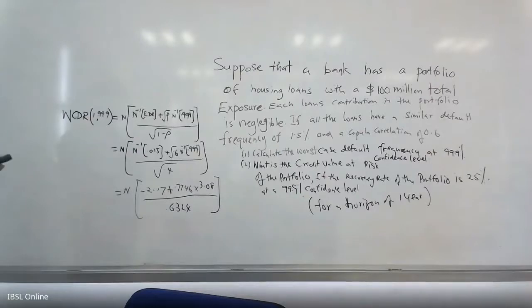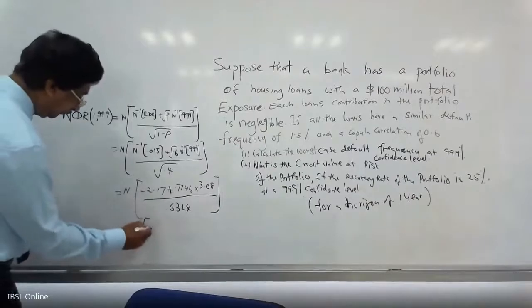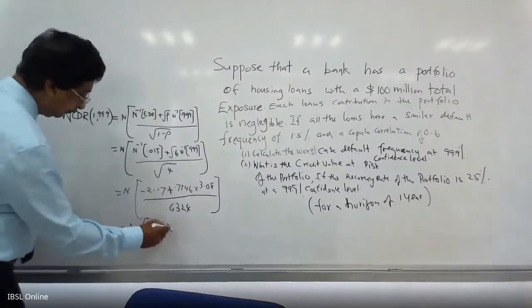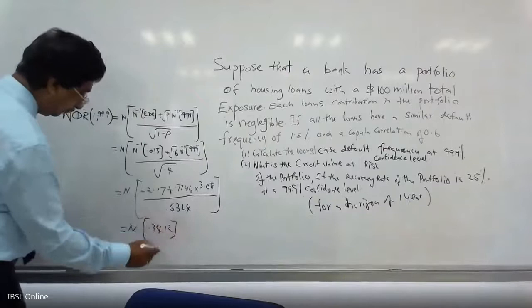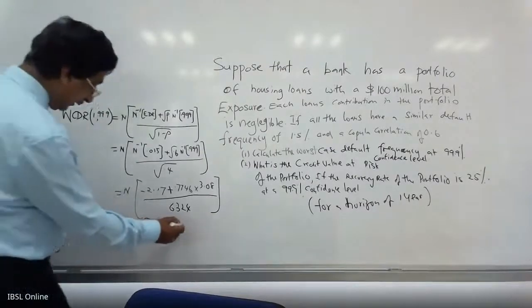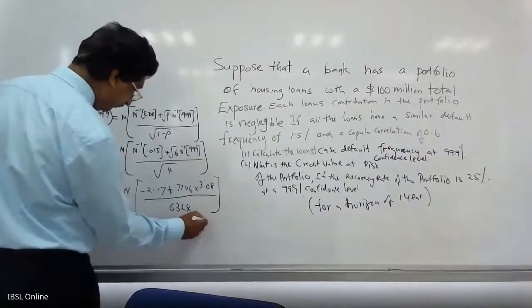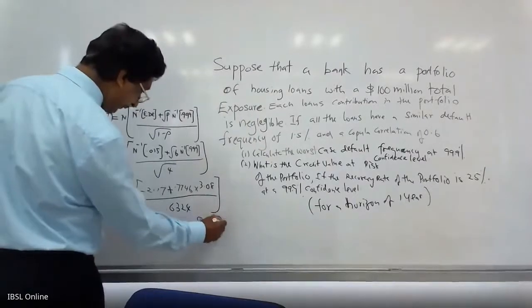Now you get the value inside as 0.3412, but you need to have only three decimal values, so you can say it is 0.341.